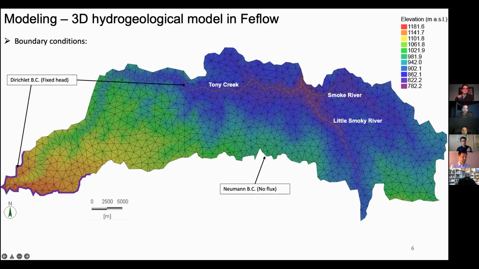The Little Smoky River is the major one and it flows north, whereas the Smoke River and Tony Creek are both tributary rivers of the watershed.